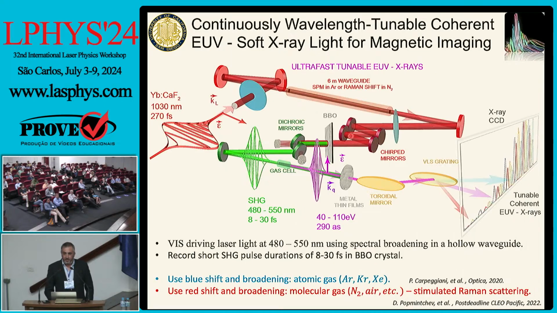So to achieve tunability of the driving laser, here we start with a titanium sapphire or a ytterbium laser system. We go through a hollow waveguide and we fill it either with atomic gas or molecular gas. The atomic gas gives us SPM, self-phase modulation, where we can mostly use the blue shift of the laser light, while the molecular gases give us asymmetric stimulated Raman scattering, which in fact is extending the light more towards the infrared region of the spectrum.